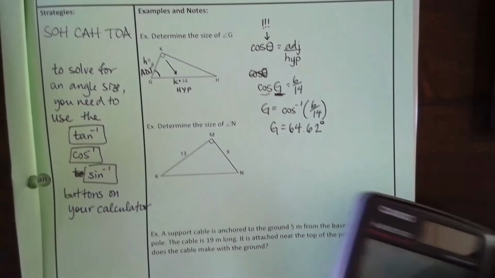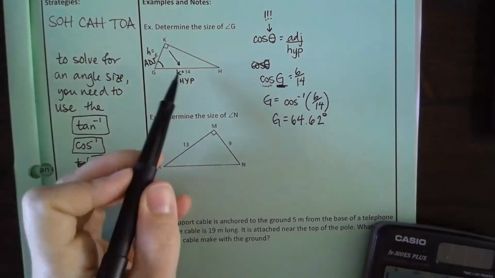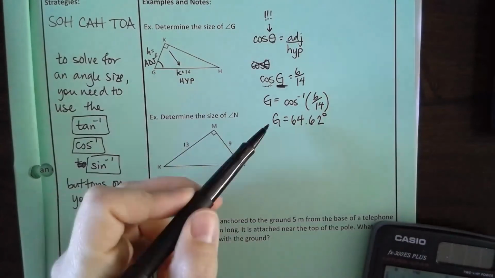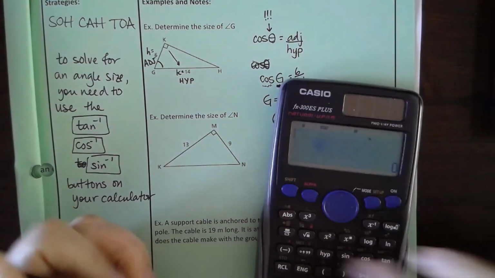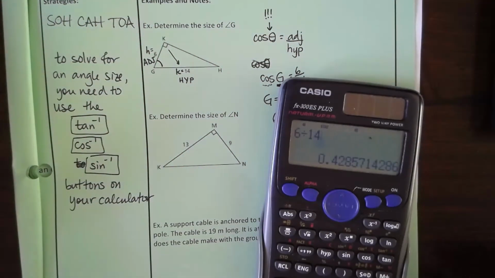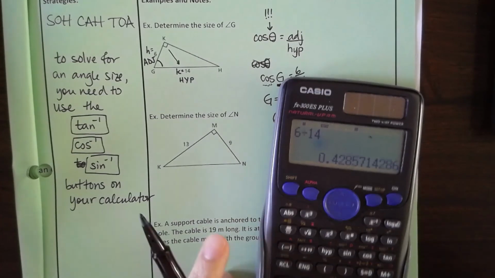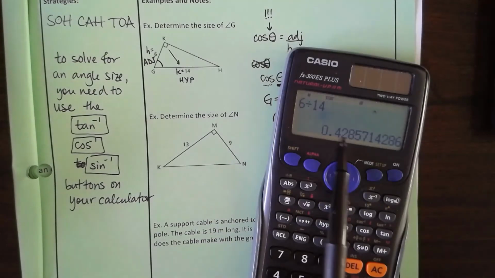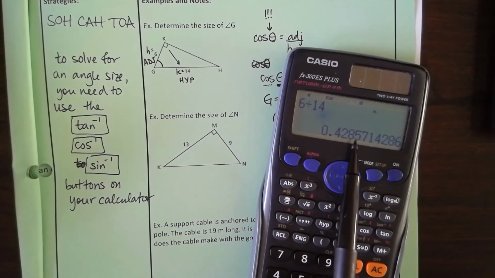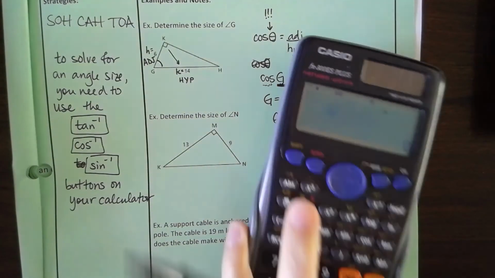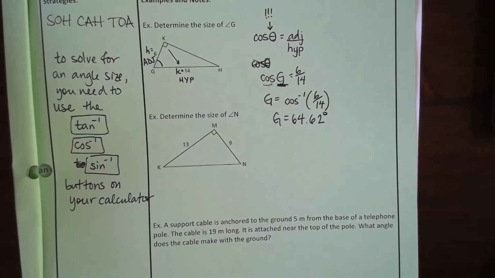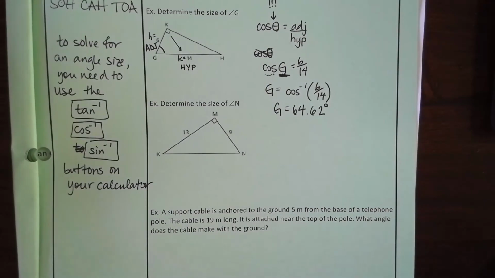It's kind of hard to know if that's a reasonable number, right? But at least it's a degree. Sometimes students forget to do the actual cos ratio because their calculator works a little weird. An angle size would never just be 0.428, right? So we always want to make sure that our number makes sense and fits the context of the problem. Let's do one more.